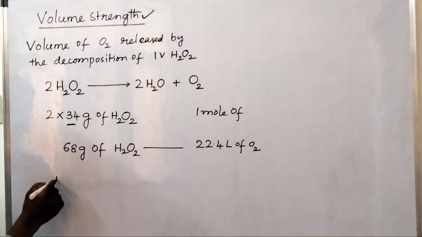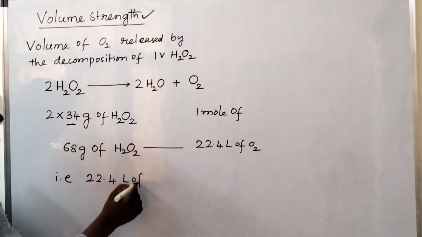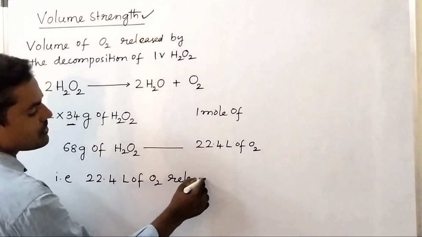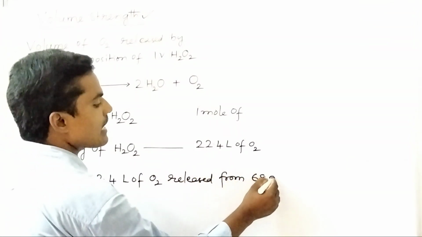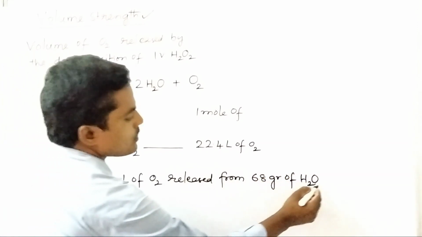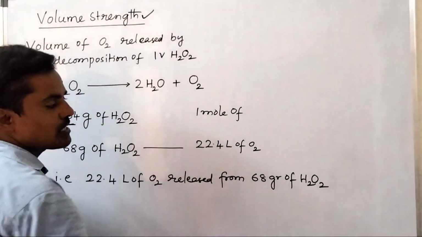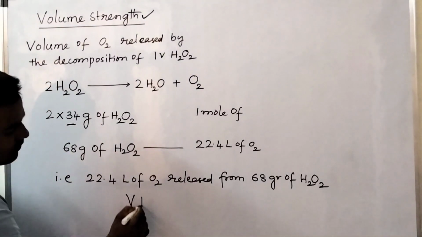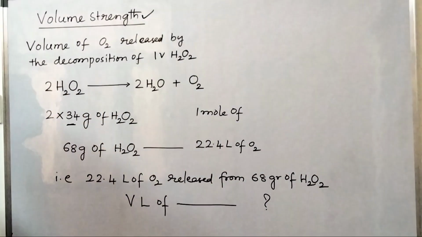So 22.4 liters of oxygen is released from 68 grams of hydrogen peroxide. Then V liters of oxygen is released from how many grams of H2O2?